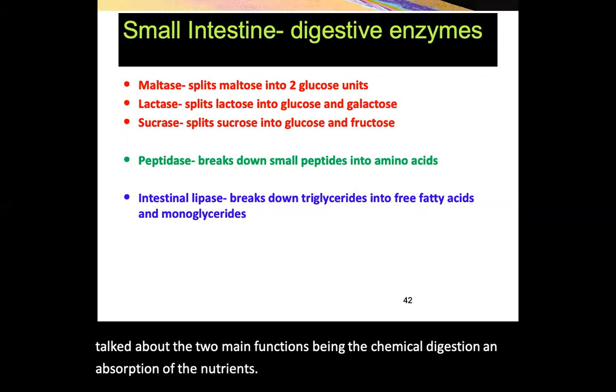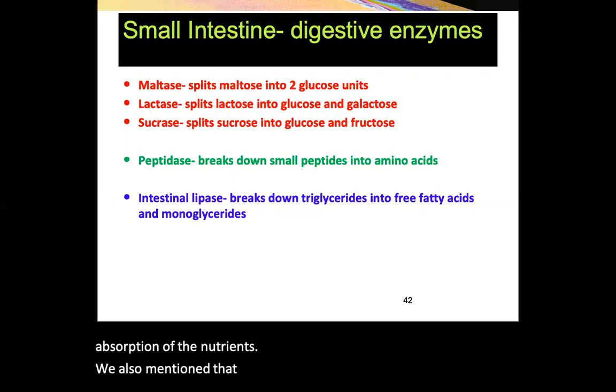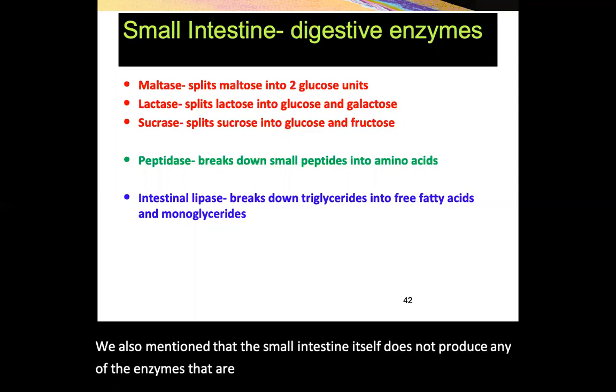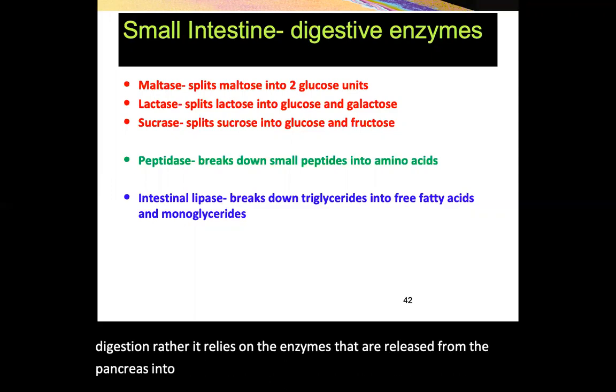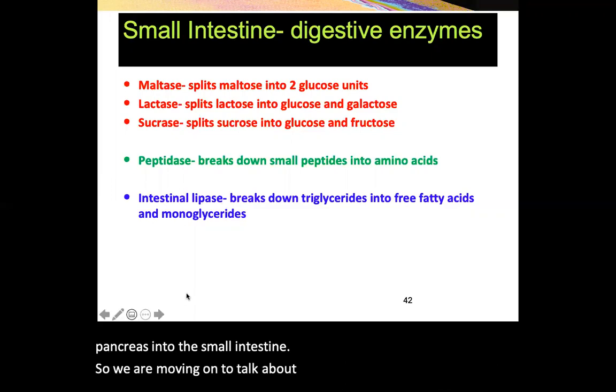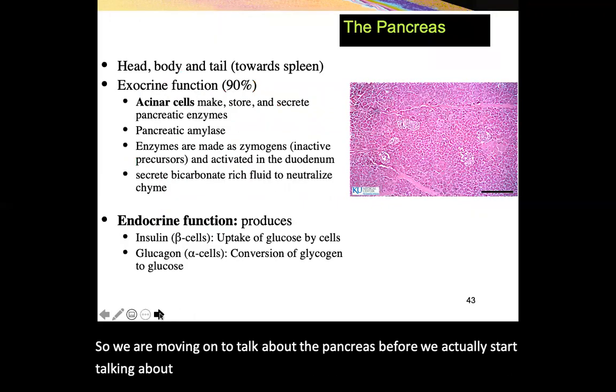We also mentioned that the small intestine itself does not produce any of the enzymes needed for the process of digestion, or chemical digestion. Rather, it relies on the enzymes that are released from the pancreas into the small intestine. So we are moving on to talk about the pancreas before we actually start talking about the large intestine.